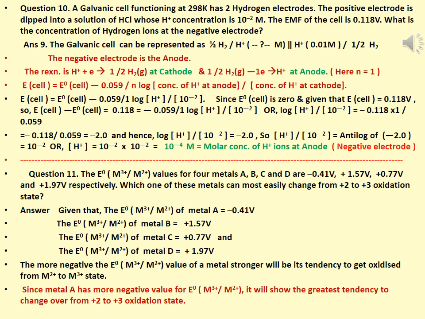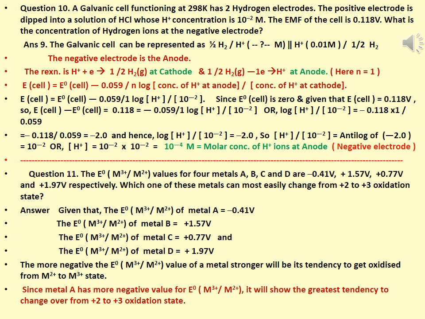Then calculate. The E cell value is 0.118. So 0.118 is equal to minus 0.059 by 1, 1 is the n value, log of H plus ions divided by the molar concentration of H plus ions at the cathode, 10 power minus 2.